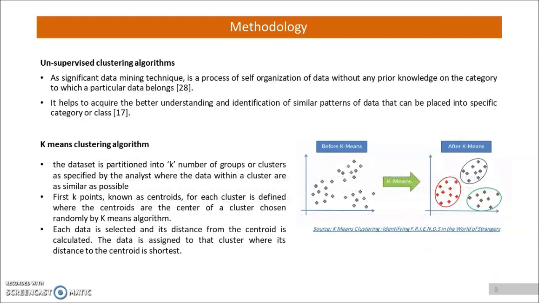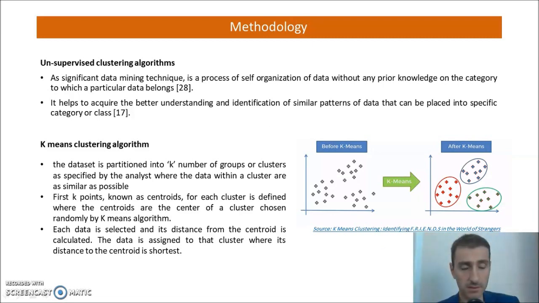So here, in short, about the unsupervised methods. K-means, which is an unsupervised method, depends on the k number, so you need to find how many clusters you need to take.